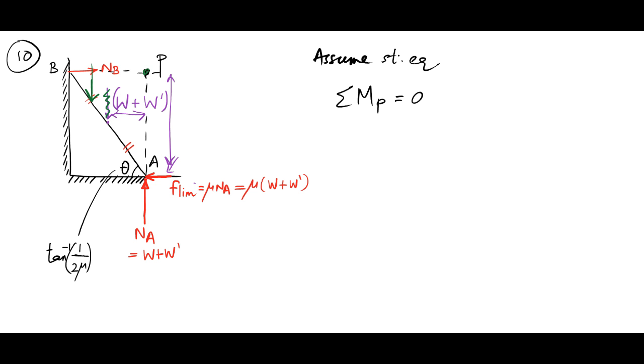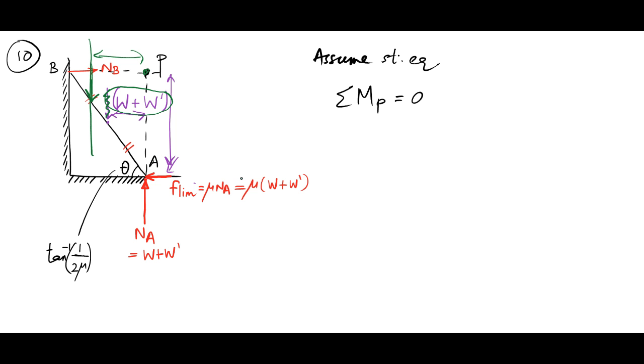Now when I take the moments about P, if I assume static equilibrium first, then the moments about P must be equal to 0. What has happened is the moment because of W plus W dash has increased in magnitude, because this line has gone further away from P. This distance has increased from its former value.